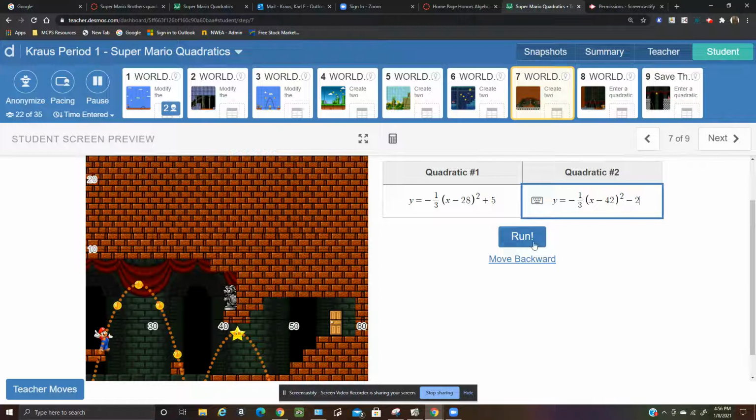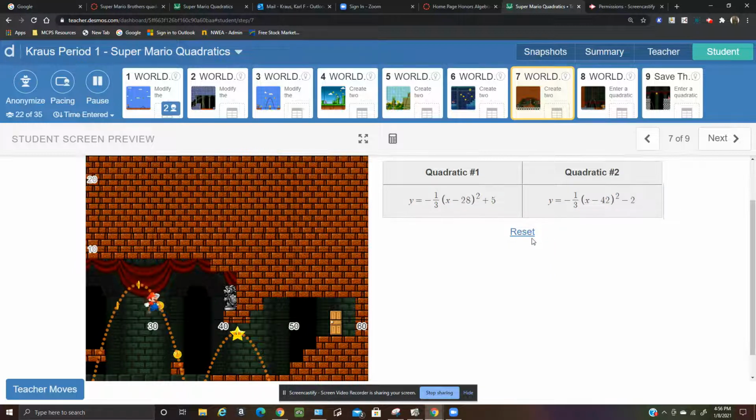Alright, let's see what happens here. Get the coins. Looks like he almost fell down into a hole there. Move on to the next screen.